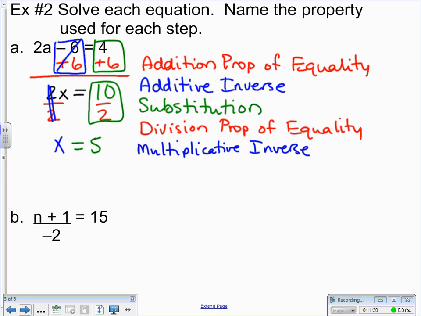Replacing a 10 and a 2 with a 5, that of course again is substitution. Now, today it's not important how to solve the problem. The important thing is what steps we used. Most of you should be able to solve a two-step problem. If not, hopefully this will refresh your memory. The important part that we're doing is the properties.